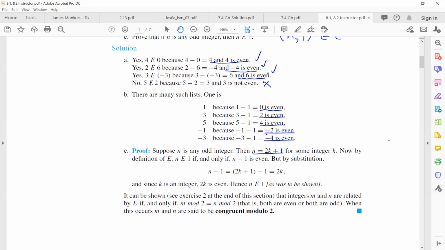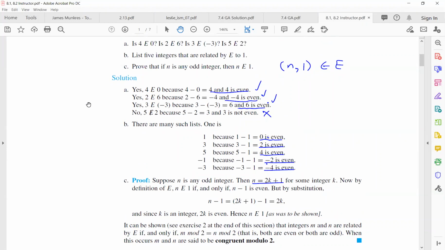Now, n minus 1 is 2k plus 1 minus 1. You can cancel out 1 and -1. The outcome is 2k, and by the definition of an even integer, you know that 2k is even. So we just proved that any odd integer is related to 1 through E.